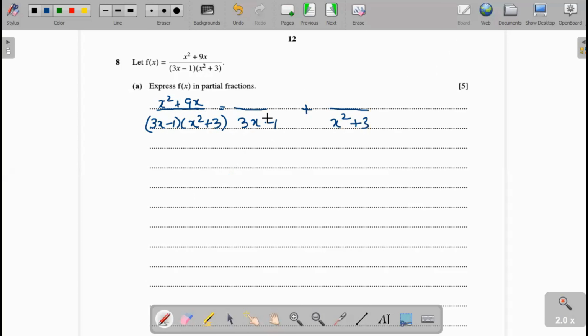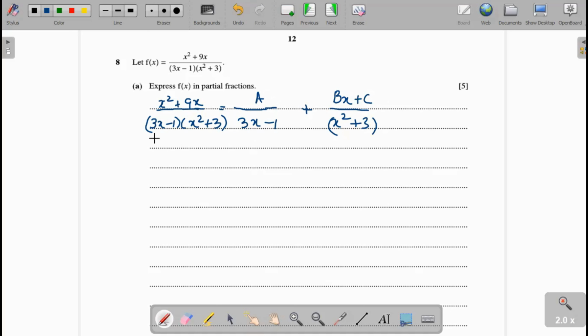If the denominator is linear, then the numerator will be a constant. Similarly, if the denominator is quadratic, then the numerator is linear. Therefore, we can write it as bx plus c, where b and c are constant numbers.